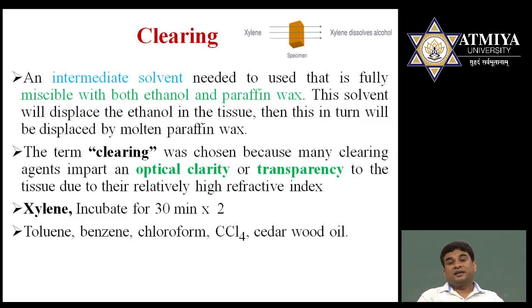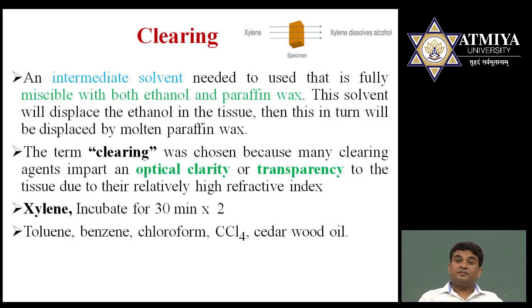And what is the meaning of clearing? Clearing gives transparency to the tissue, and optical clarity. That's why it is called clearing. Xylene is the most commonly used and gives the tissue transparency.